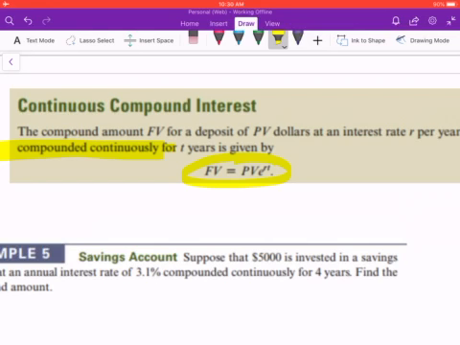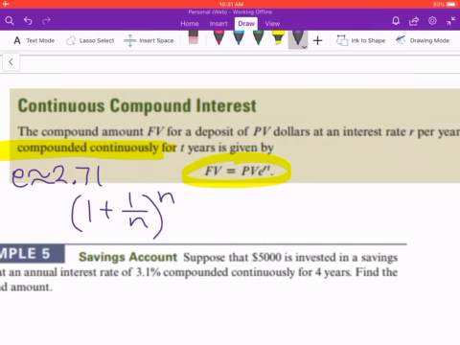Future value, present value, rate, time, we have the same variables. And then E is just the number that we discussed in chapter 4. Remember, E is approximately 2.71. It is an irrational number, and it comes from taking the limit of something that will be growing as this, as n grows very large.